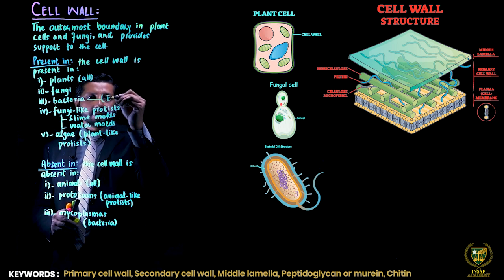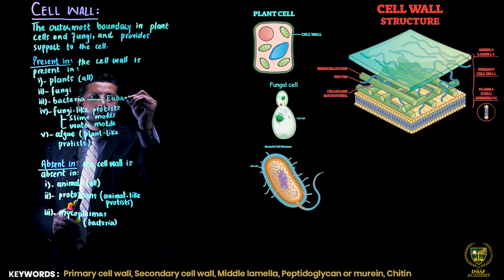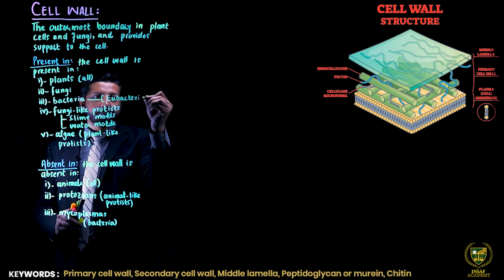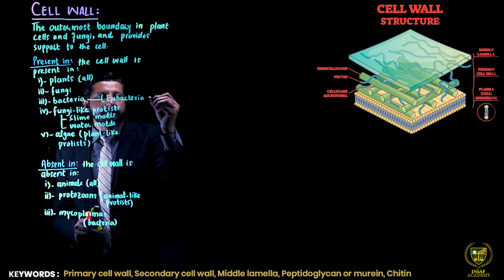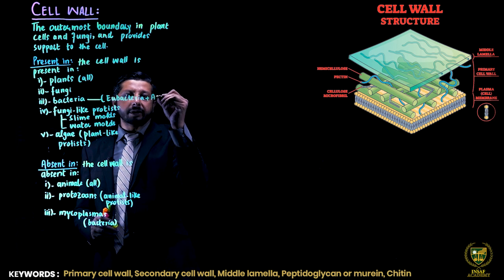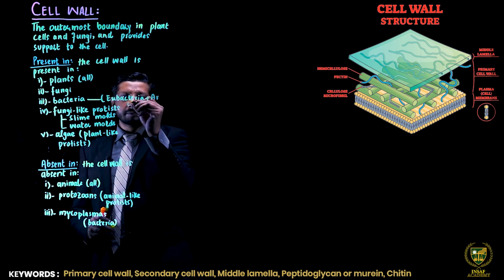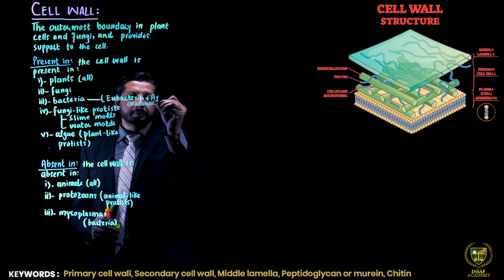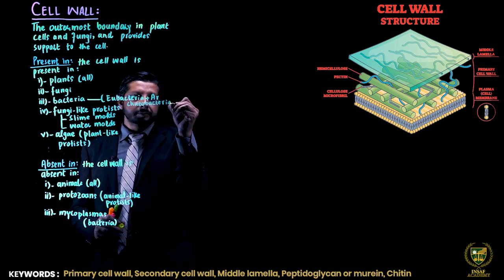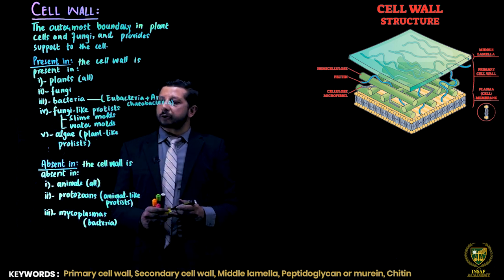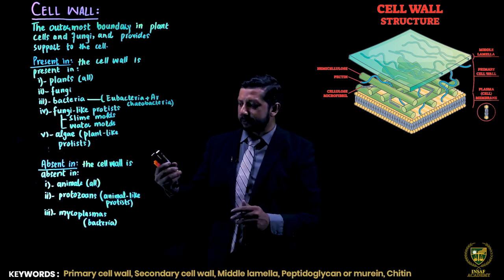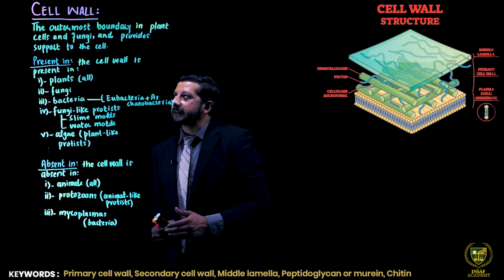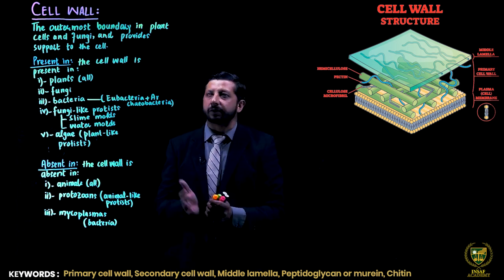The eubacteria, clear, as well as the archaeobacteria. All of them. So this is the list which has been discussed in our syllabus, the presence and absence of the cell wall.